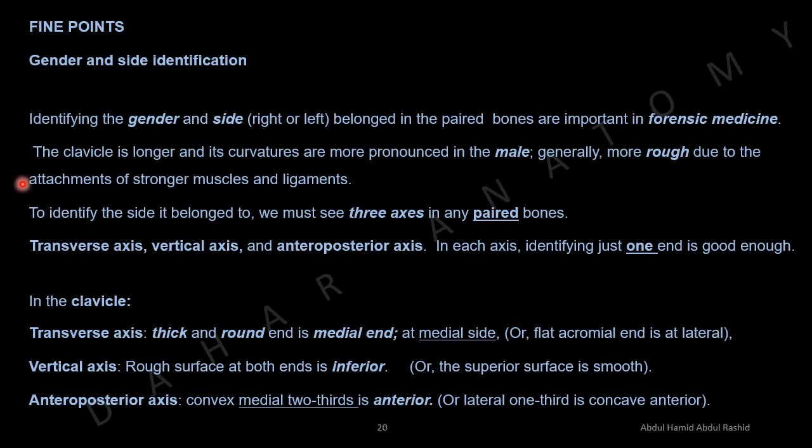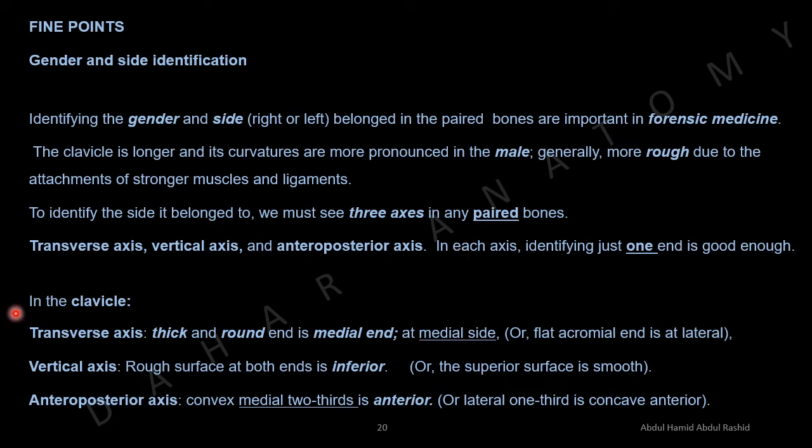To identify the side it belongs to, we must see three axes in any paired bone: transverse axis, vertical axis, and anteroposterior axis. In each axis, identifying just one end or one side is good enough.